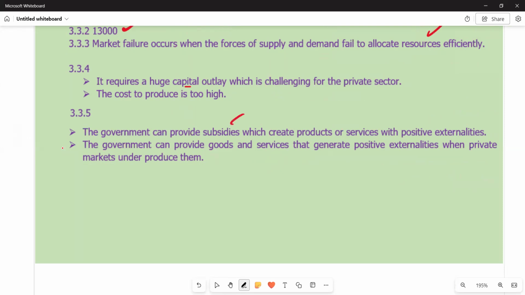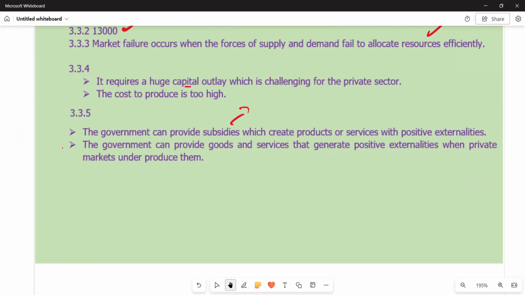Remember, subsidies are linked to fiscal policy through government expenditure, so government expenditure has to be increased. We are going to employ expansionary fiscal policy, whereby we increase government expenditure, and as part of it subsidies will also increase, creating products or services with positive externalities. That is the first point.